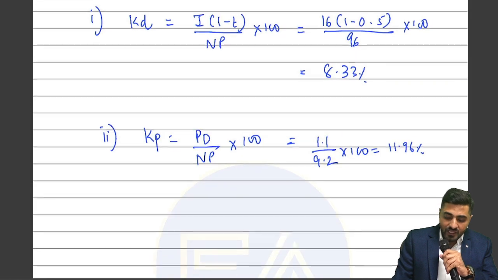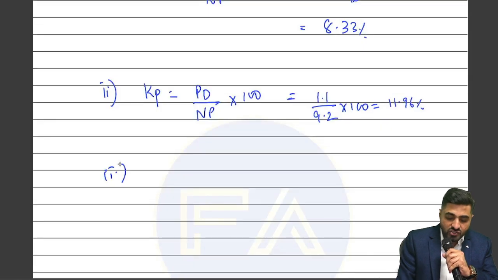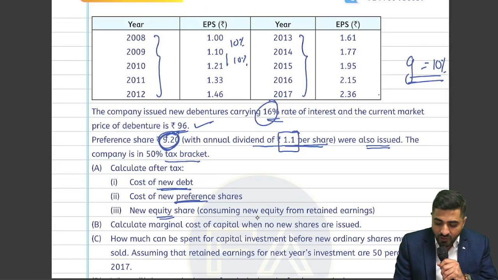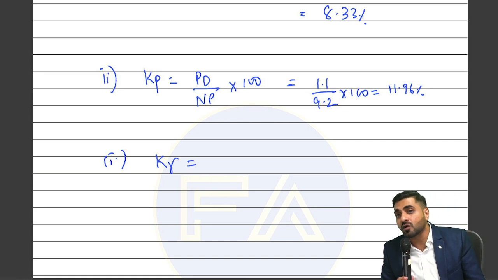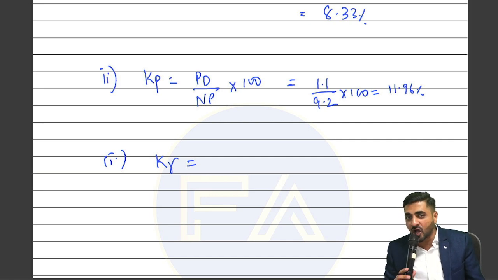Okay. Then they have told you the cost of new equity, but the new equity is from retained earnings. That means you are required to calculate KR. Now please tell me, was there any growth rate given to you? Come on, yes or no? If the growth rate was given to you, which approach will I use? Dividend yield approach or dividend yield plus growth approach? Dividend yield plus growth approach.